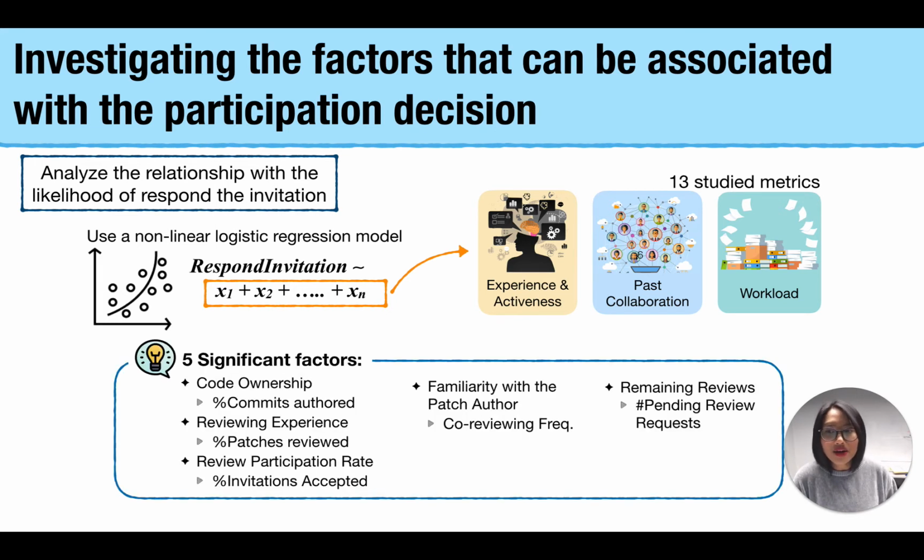From our data analysis, we found that there are 5 significant factors that could be associated with the review participation decision of reviewers. 3 of them are from the experience or the activeness of the reviewers, 1 of them is from the past collaborations, and 1 of them is about the workload of the reviewers.